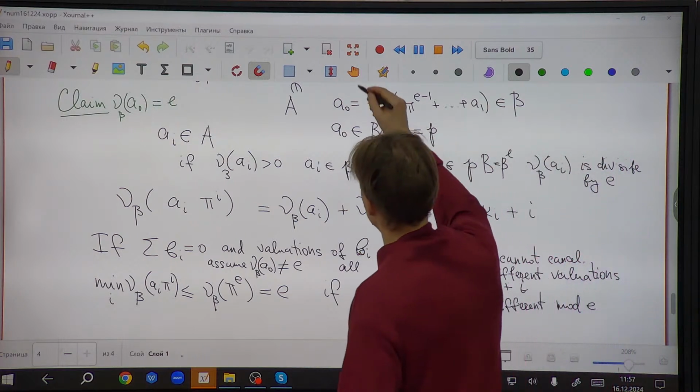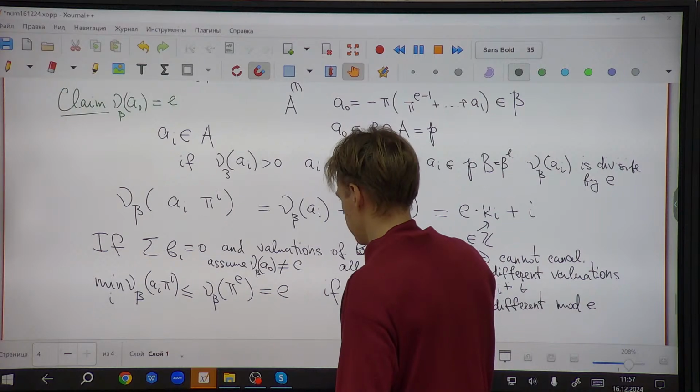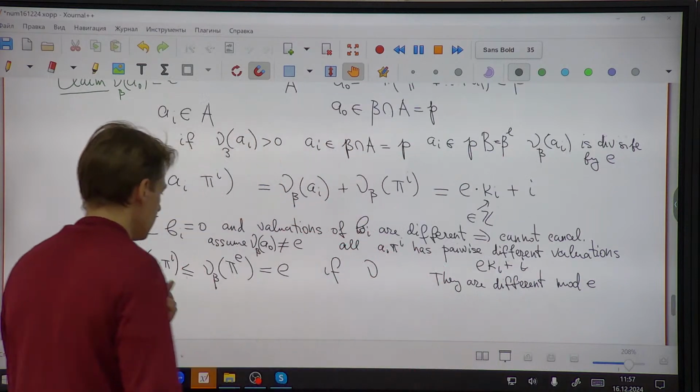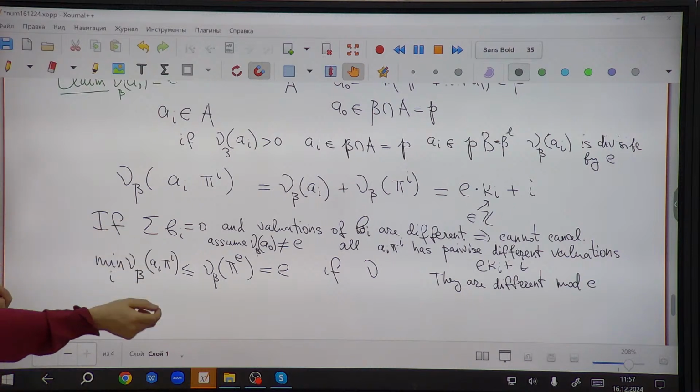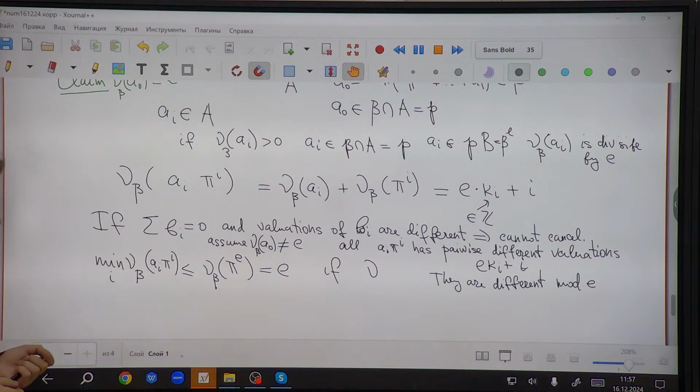And you see that this means that if you consider the minimum, they are all different. If the first is different from the last, they are all different.